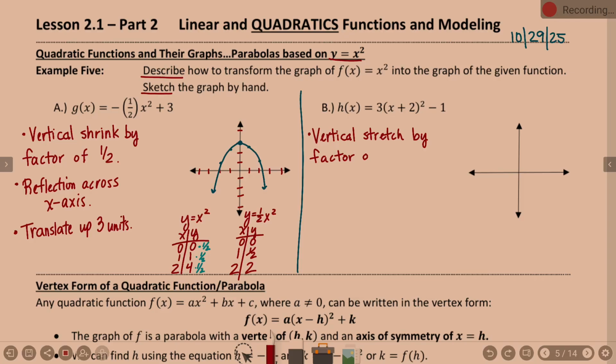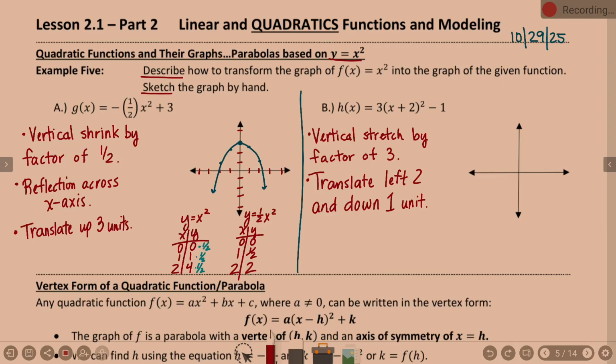Vertical stretch by a factor of 3. Translate left 2 and down 1 unit. Okay?